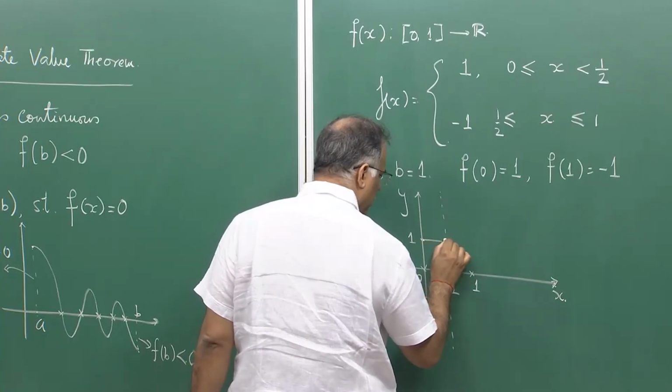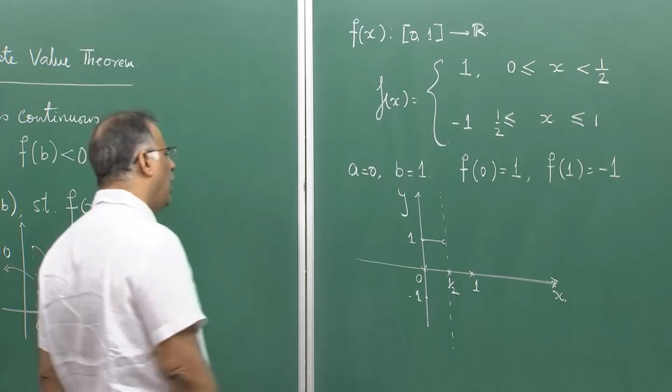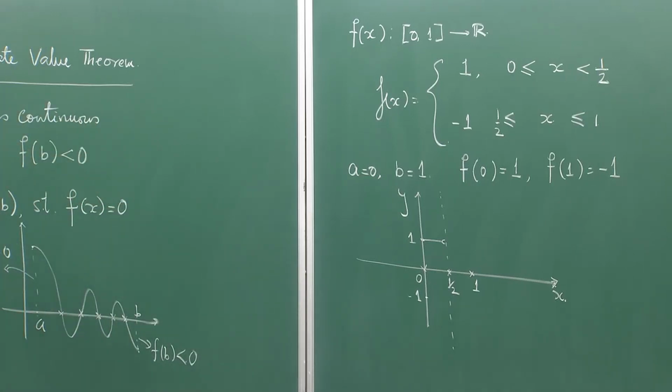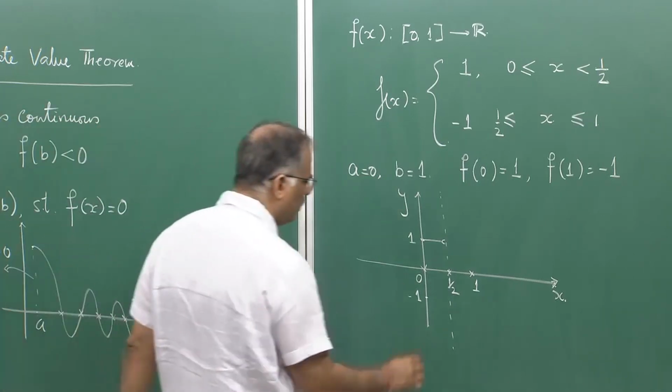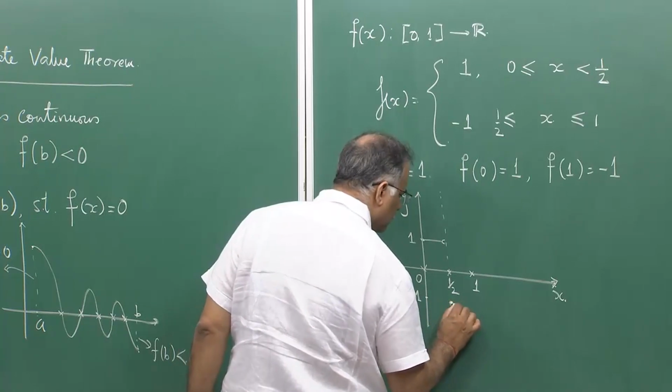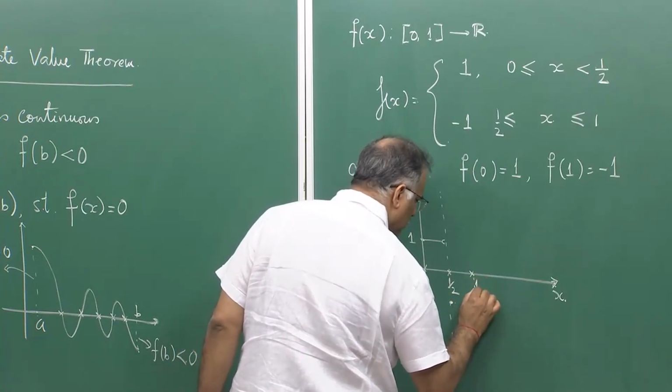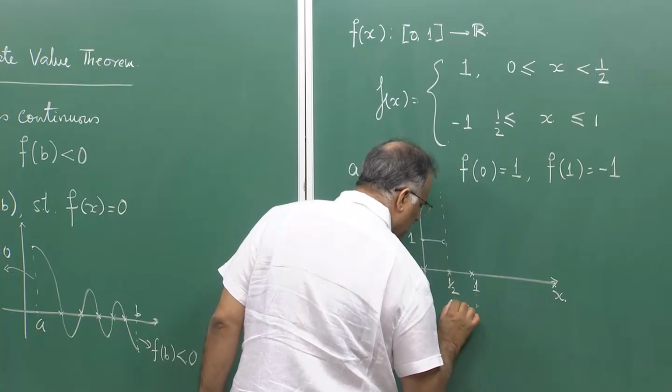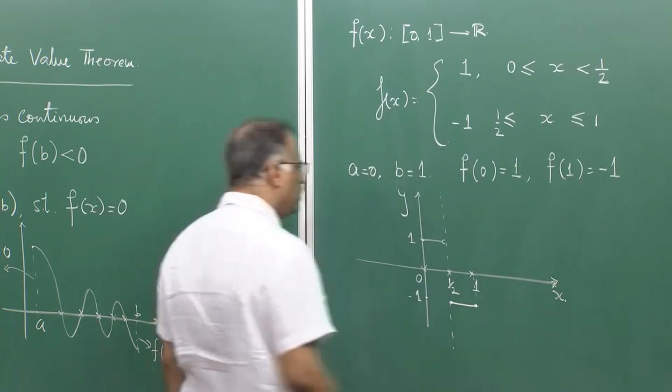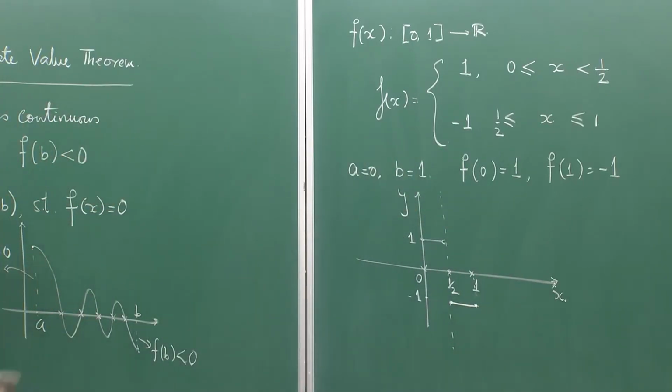So, exactly at half, it takes the minus 1 value and not the 1 value. So, this is the function value. So, you see immediately that there is a gap.